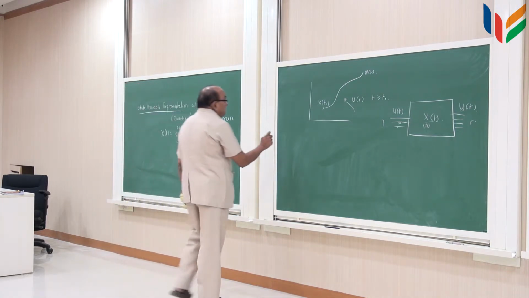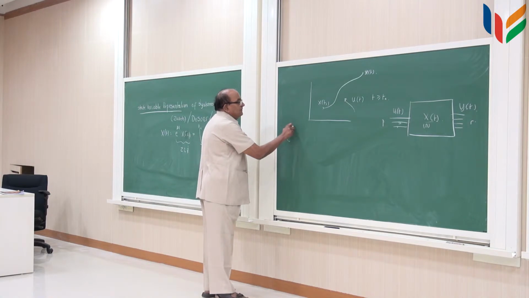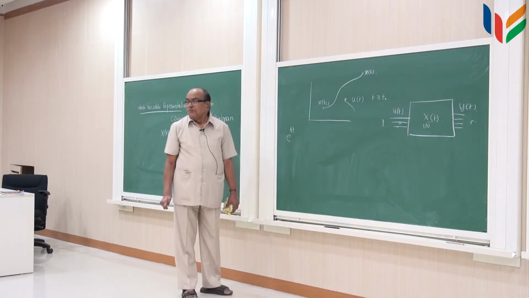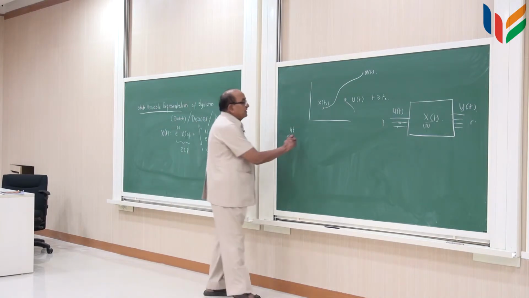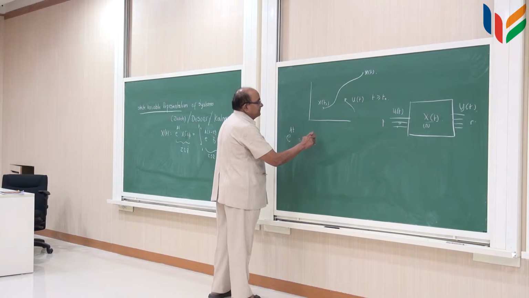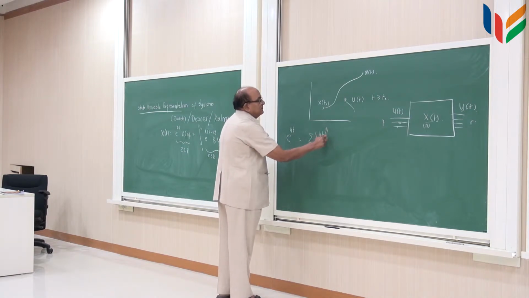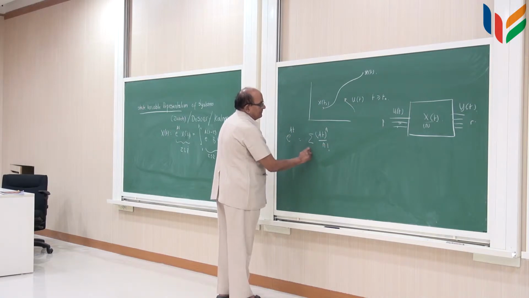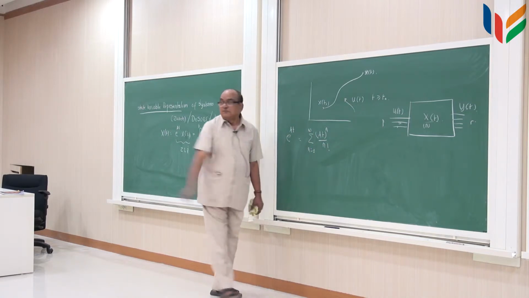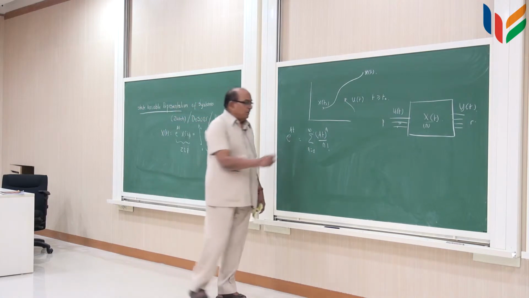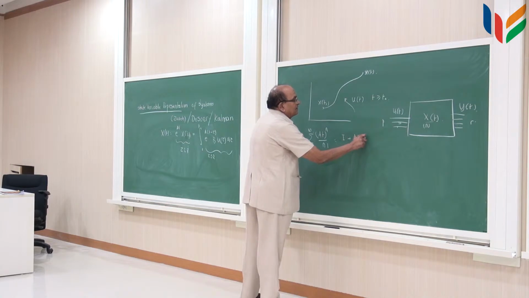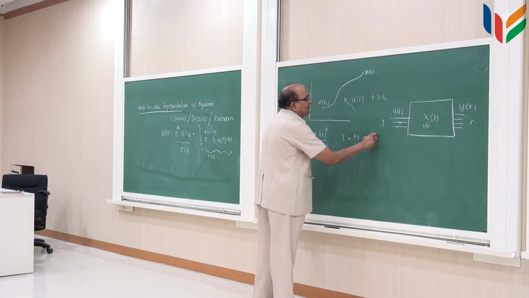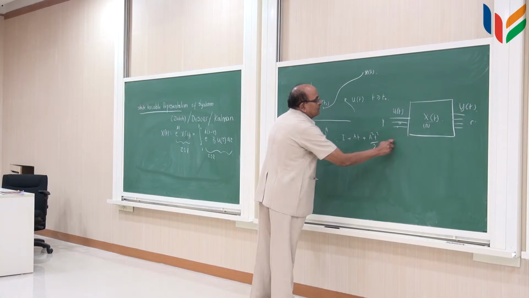What is e to the power of at? It is the same exponential expansion, infinite series expansion, sigma, which in expansion comes out to be I plus at plus a square t square by 2 factorial and so on.